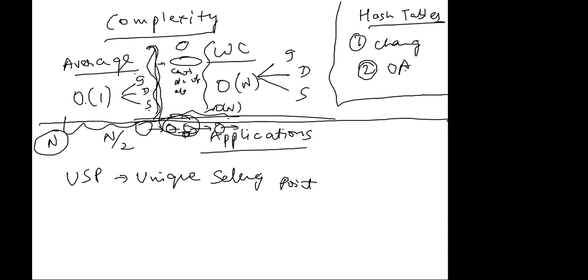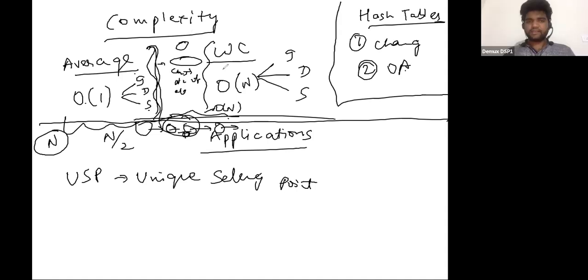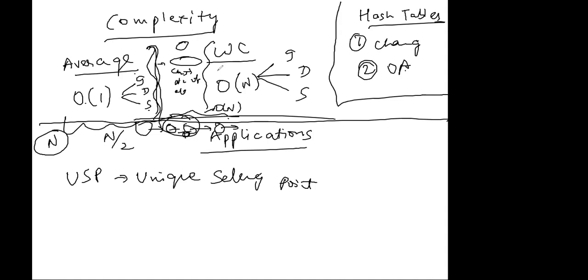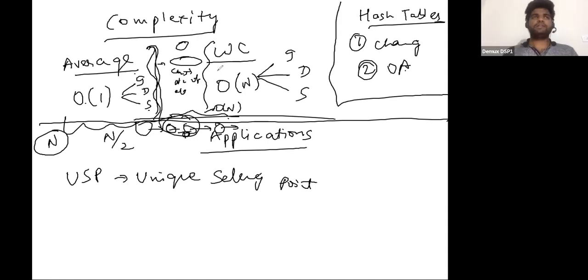Do we have any drawbacks of using hash tables? The drawback is that in the worst case, it does not give you any efficiency. If you choose a bad function, then you have linear complexity, so you have not done anything. The major drawback is that everything is on average.